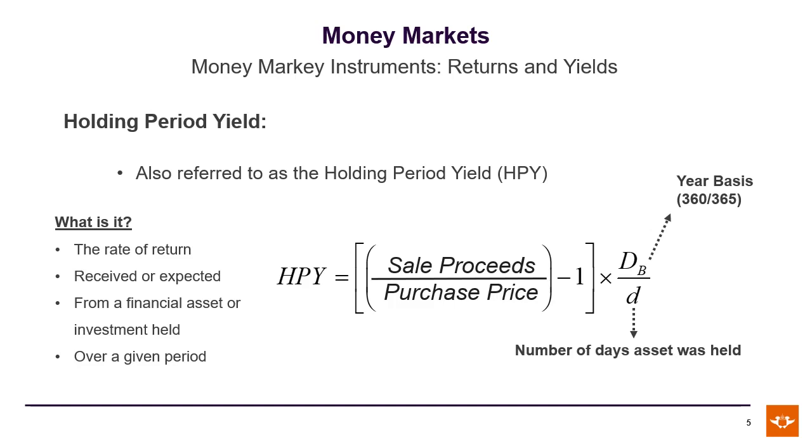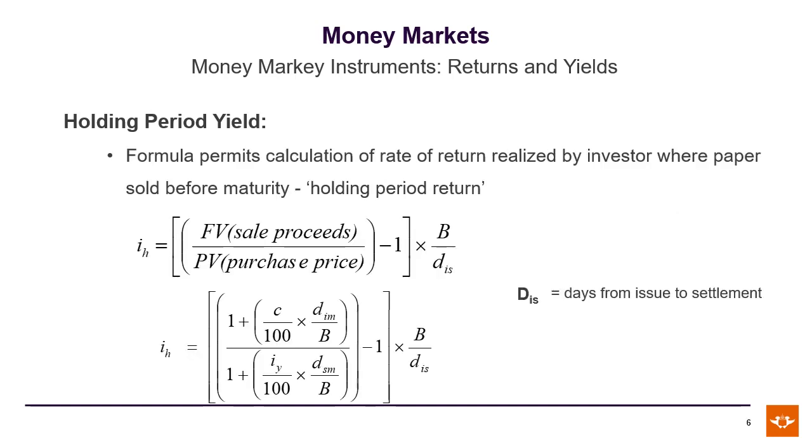Now here we're looking at the holding period yield for a yield instrument which is sold prior to maturity. So it's actually sold in the secondary market. And it is again the sale proceeds over the purchase price. And in terms of the yield instruments, it will depend very much on the coupon rate that is being paid.